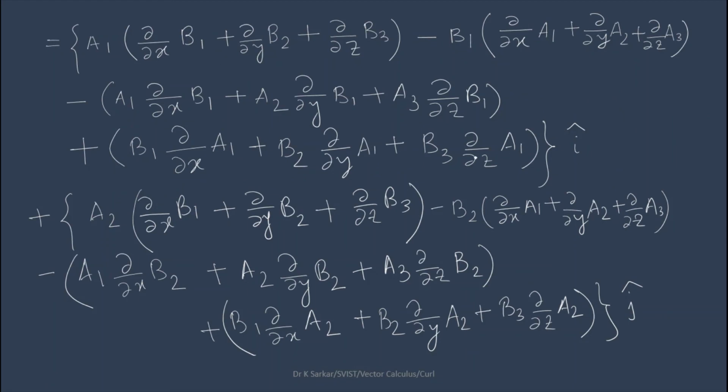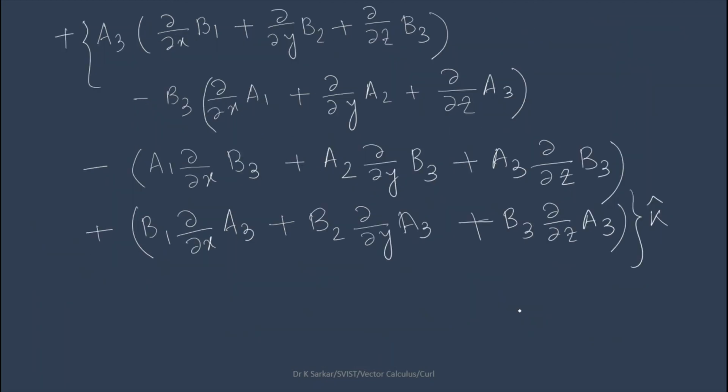The last term is B1 ∂x A1 + B2 ∂y A1 + B3 ∂z A1. Here B1 ∂x A2 + B2 ∂y A2 + B3 ∂z A2. So let's do one thing. Let us take A1 common and then we are getting B: B1 ∂x, B2 ∂y, B3 ∂z. Here also B1 ∂x, B2 ∂y, B3 ∂z.